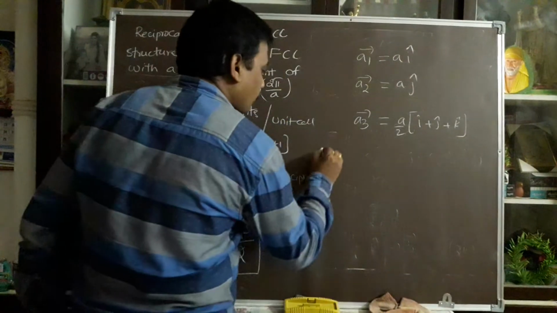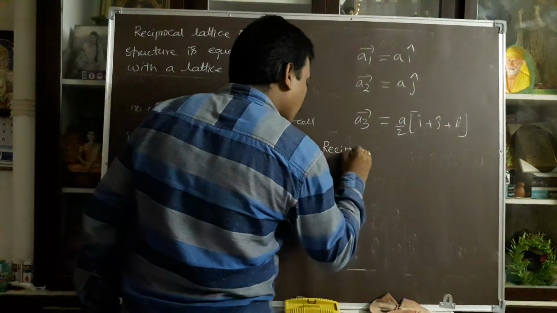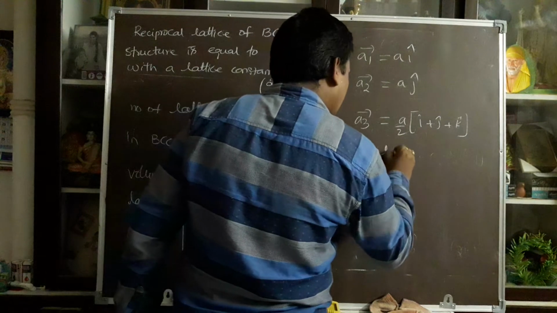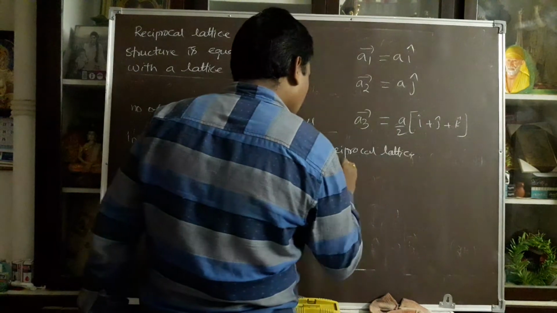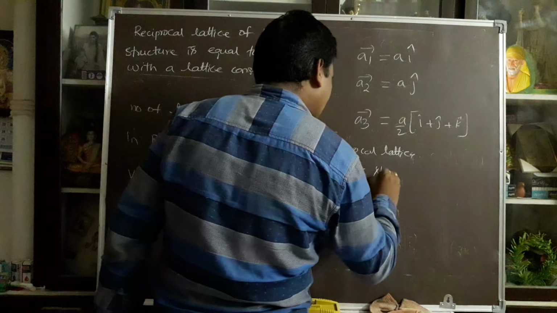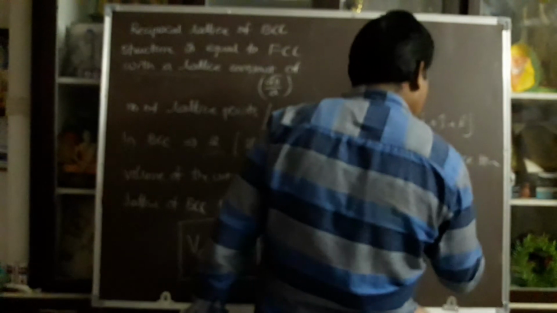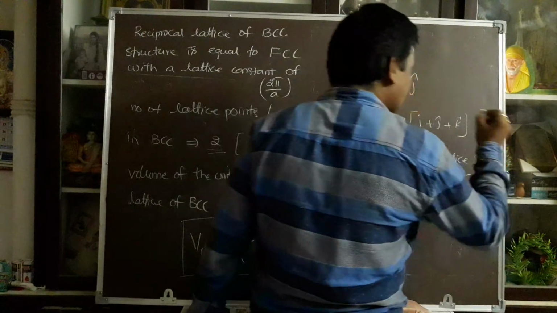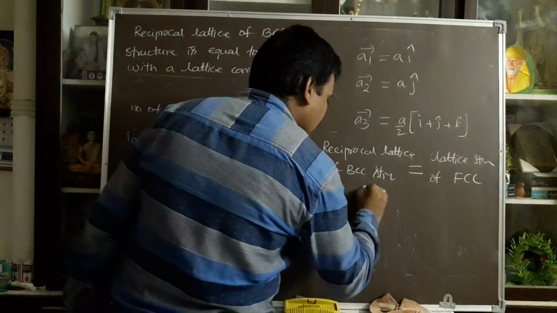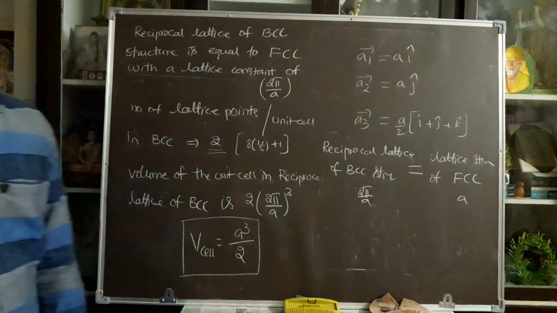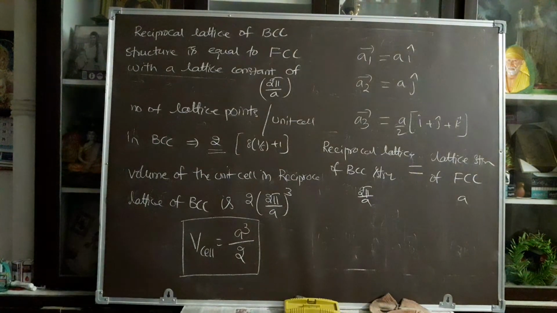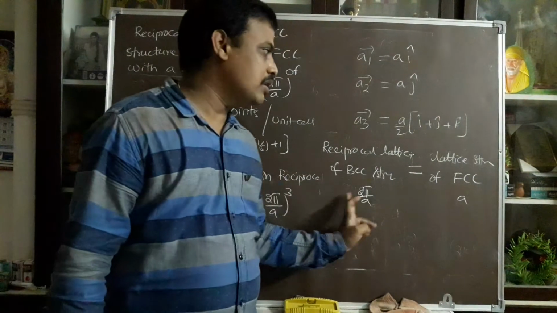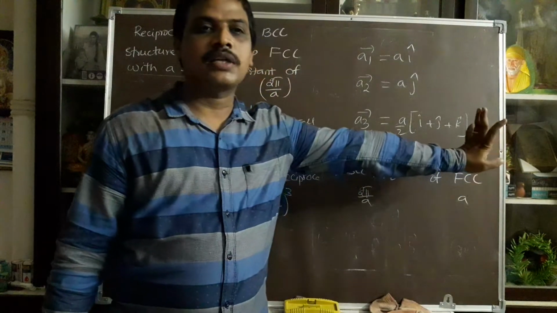Nothing but the reciprocal lattice of BCC structure is equal to the lattice structure of FCC with a lattice constant of 2 pi by a. Here the lattice constant is a. So the reciprocal lattice of BCC structure is always equal to the FCC structure of the crystal lattice.